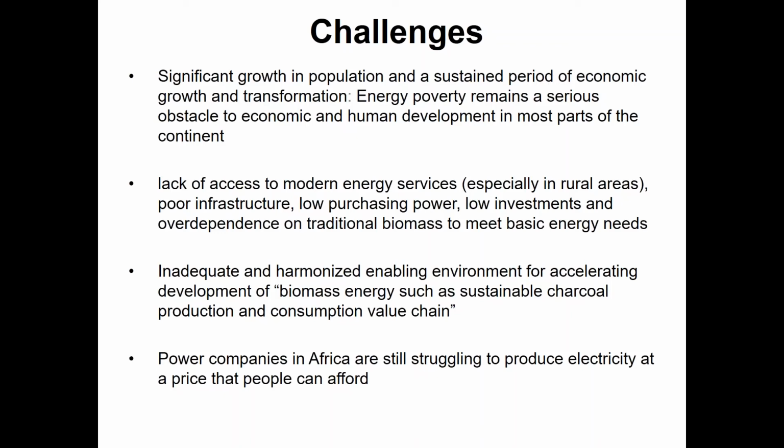Another challenge is that power companies in Africa are still struggling to produce electricity at a price that people can afford. And that is where I partly respond to the question sent to me by Vicky about why sub-Saharan Africa doesn't have access to electricity.